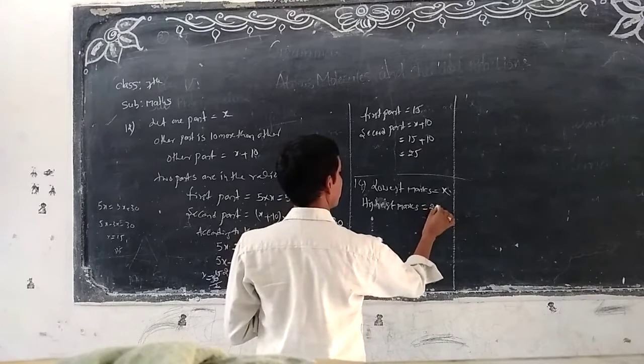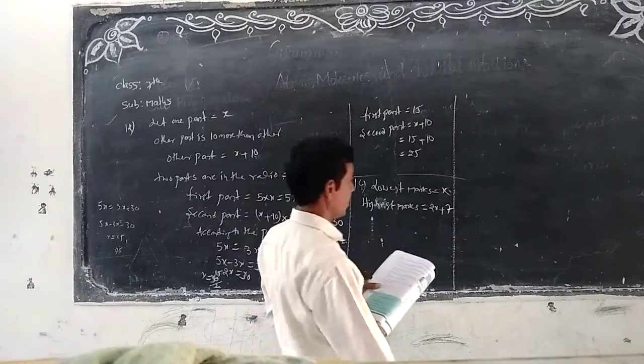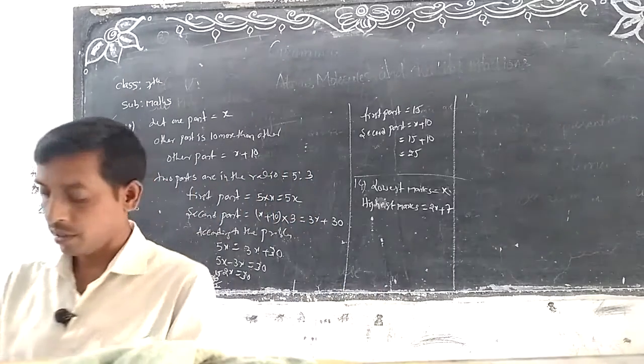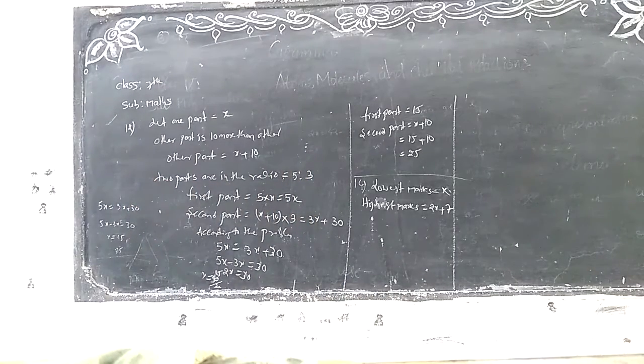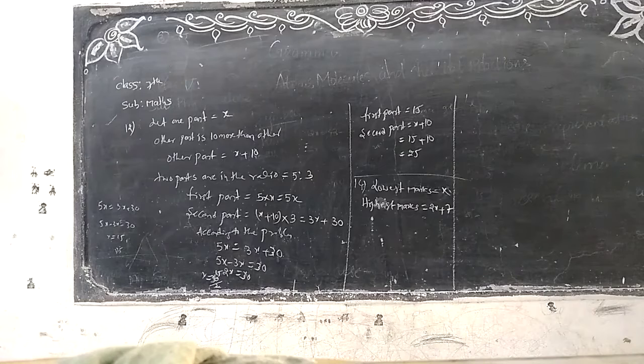Twice means what? 2x plus 7. So what is given here? The highest marks is given. We will find out the lowest marks. Okay? Find out the lowest marks.